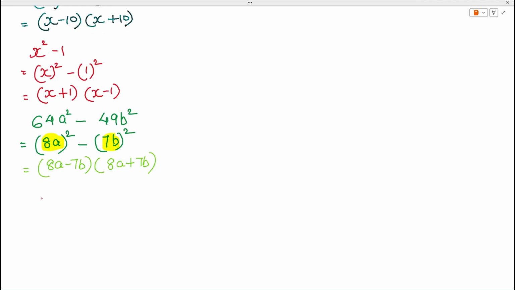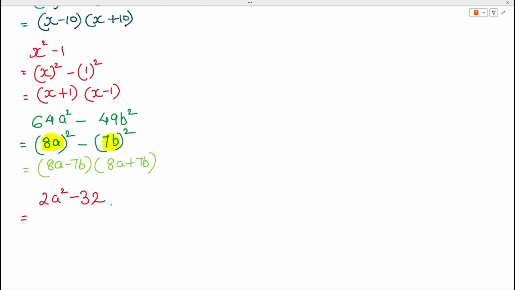We will take another example which involves the difference of squares with common factoring. The example is 2a square minus 32. If you haven't watched the video for common factoring, please have a look at it. You'll better understand the process.